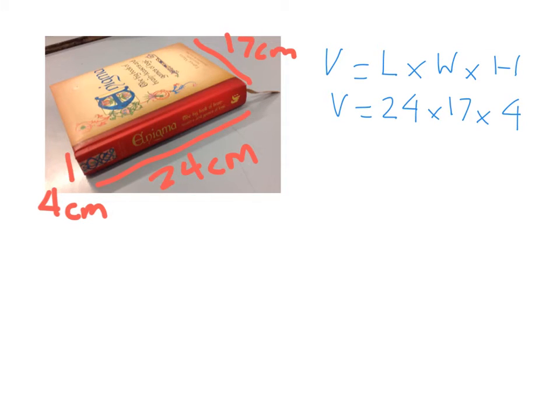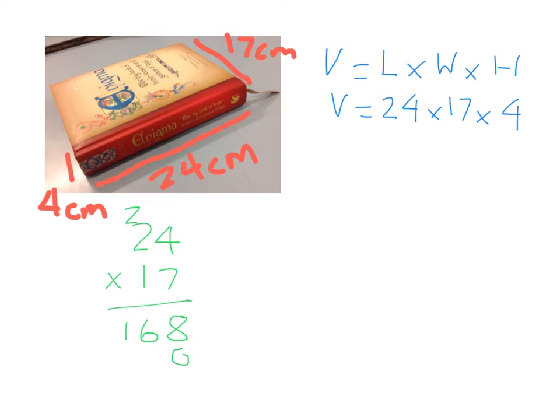Now I'm going to do the first part of that calculation, so 24 multiplied by 17. And I'm going to do that over in this little side over here. I'm going to start with 7 times 4, which is 28, carry my 2. 2 times 7 is 14, carry the 2 is 16. Then I'm going to work on my second line.